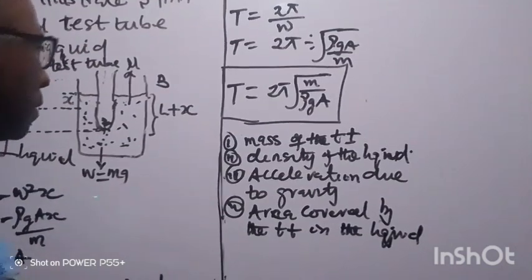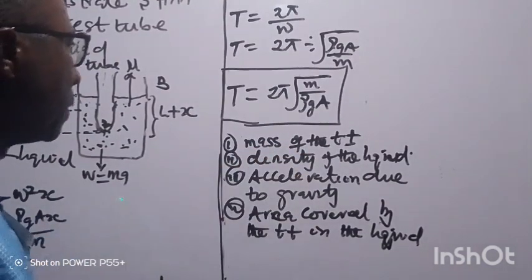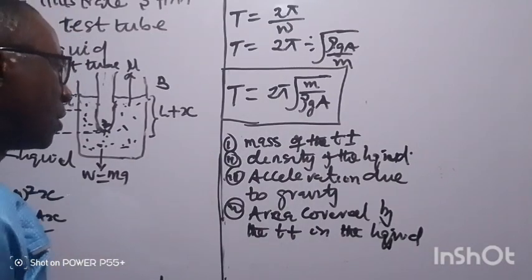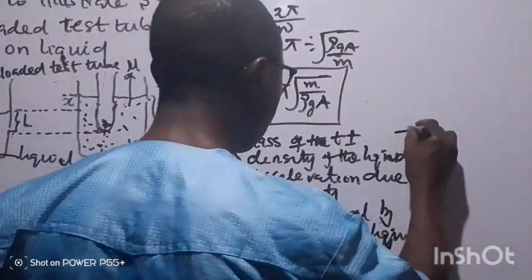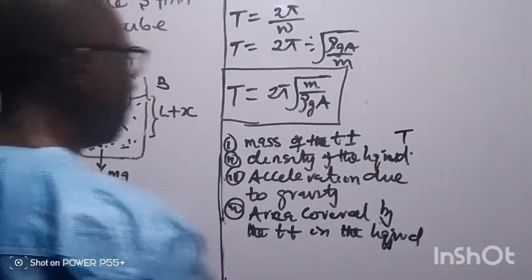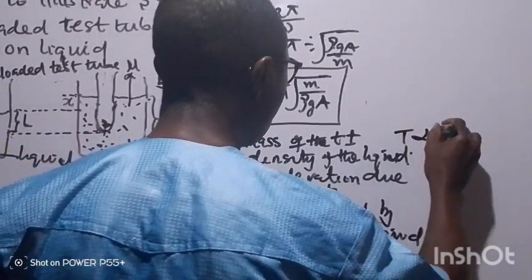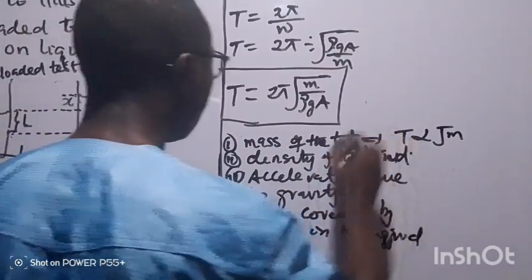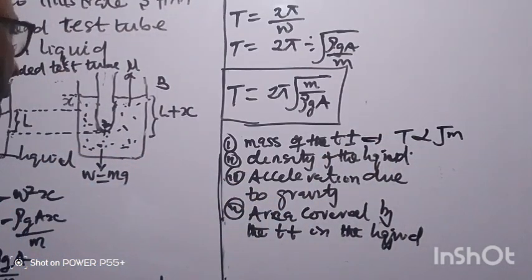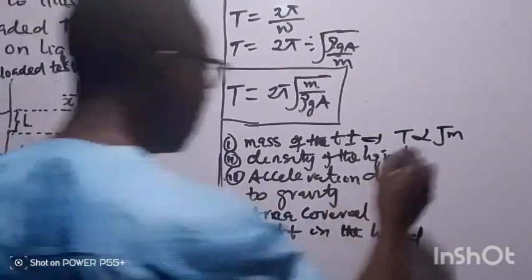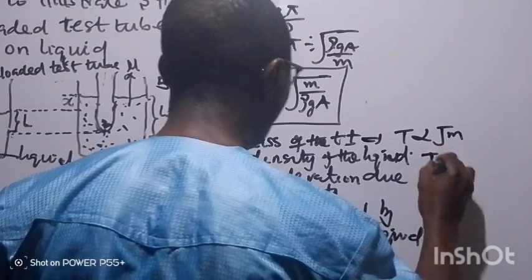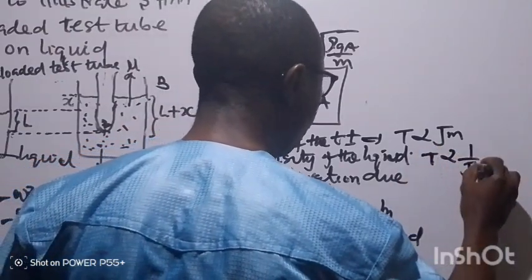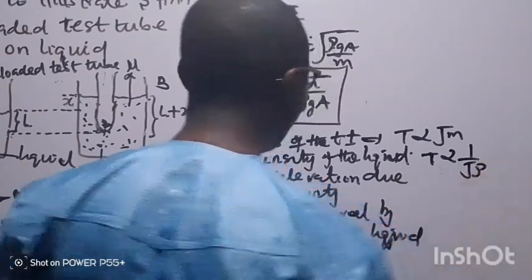I said 1. Mass of the test tube. According to the formula, T will be directly proportional to the square root of M. When you consider density, T will be inversely proportional to square root of density of the liquid.